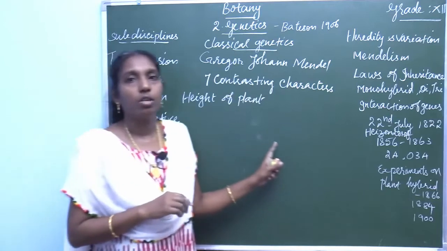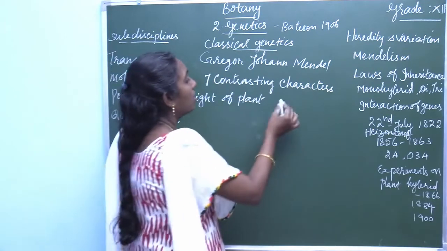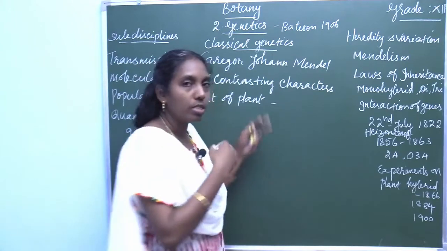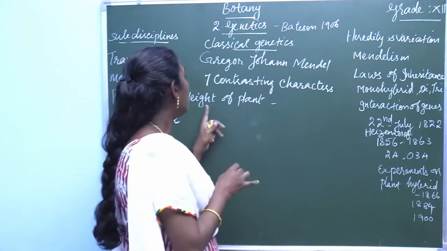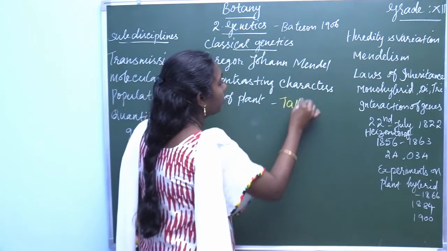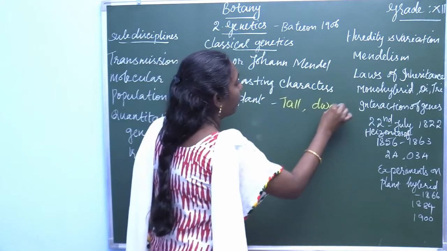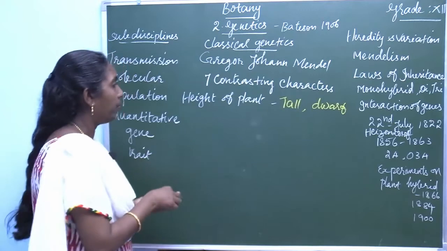These characters are expressed as dominant and recessive. One character shows dominant, another character shows recessive. In height of the plant, which is represented as tall and dwarf. First character is height of the plant.